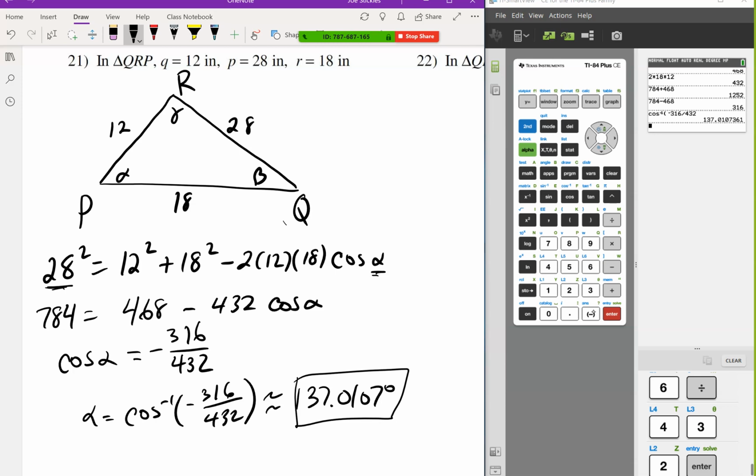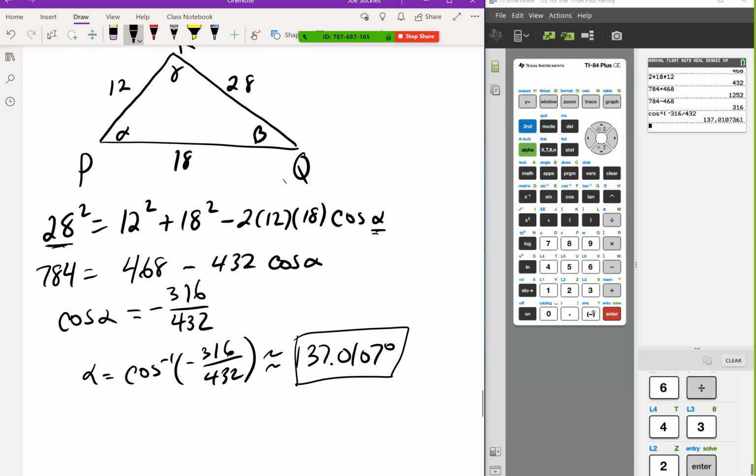And then again, to find your other angles, you can use law of sines or law of cosines. It doesn't matter which; you're welcome to use either. Let's just use law of cosines again, just one more time for practice. In this case, I'll find gamma.